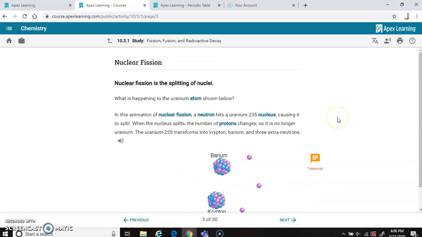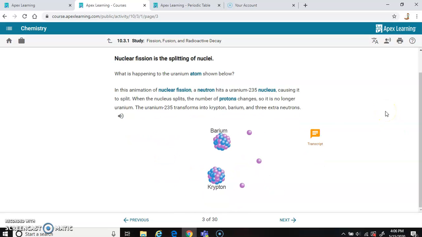Okay, so uranium is often one, the uranium bomb and different things, that is an important part of nuclear chemistry and nuclear fission. If we look at the image below, we have a neutron hitting the uranium, and it's causing it to split. When the nucleus splits, remember that the nucleus is the middle part of the atom, the number of protons changes, so it's no longer uranium.